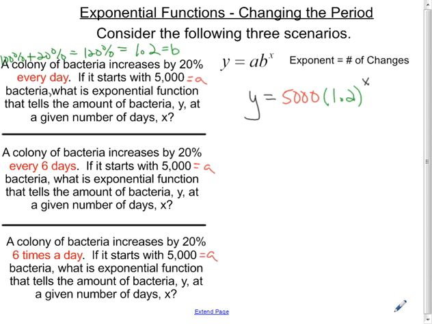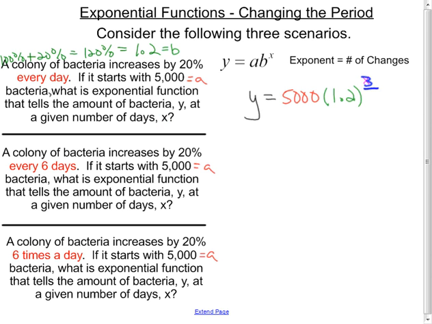But I want us to look at this a little more closely and make sure that you realize that this statement holds true: that the exponent equals the number of changes. Here it says that x is going to be equal to days. Well, this should jive together pretty well. Because if I talked about x being 3 days, I would plug in 3.